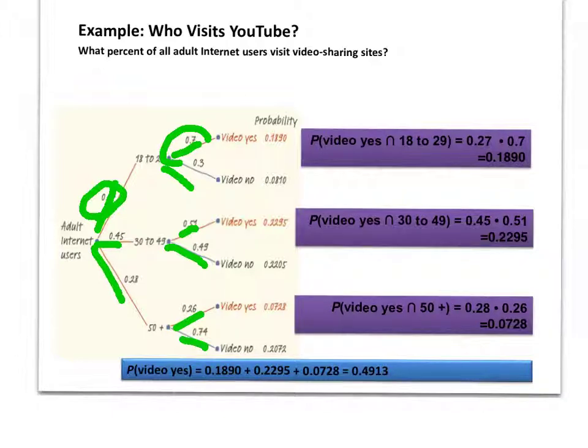The probability of using video sharing sites and being in the age 30 to 49 is 0.45 times 0.51, and you can see that's about 23%. The multiplication principle comes in really handy when you want to find the probability of any one of those branches. You just multiply the tree branches within that one pathway.